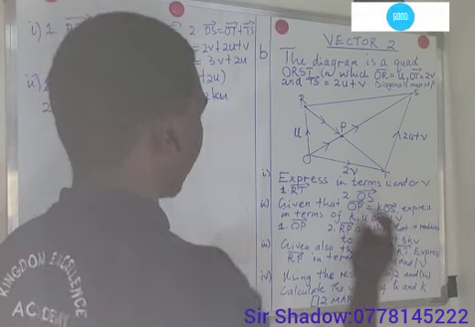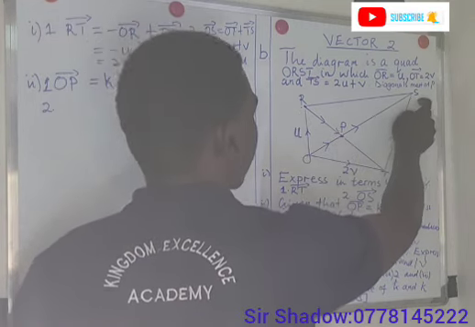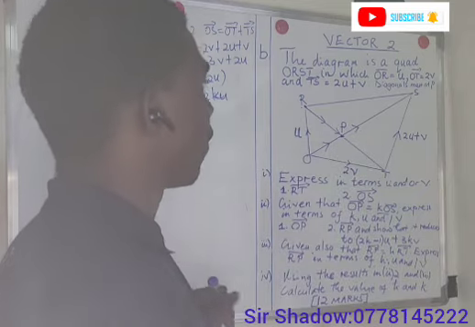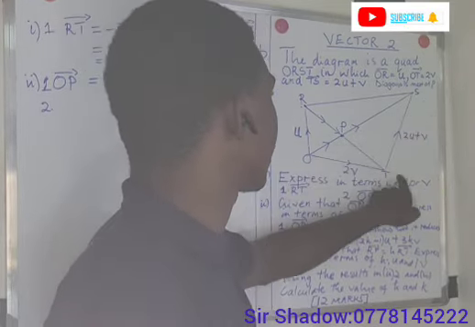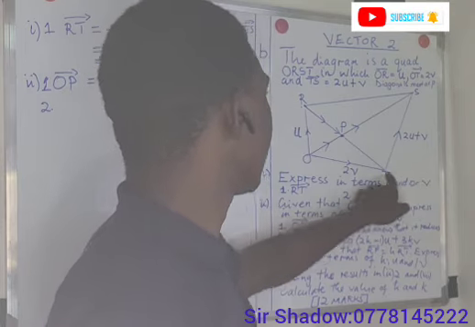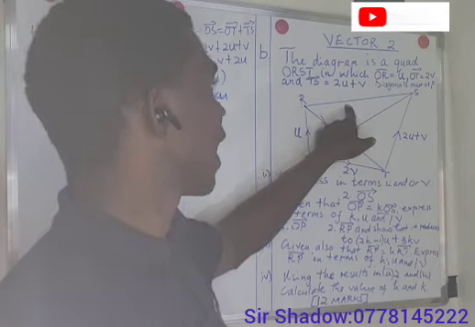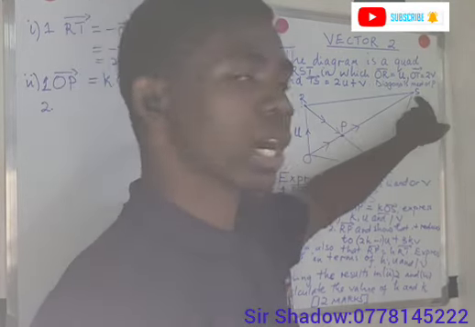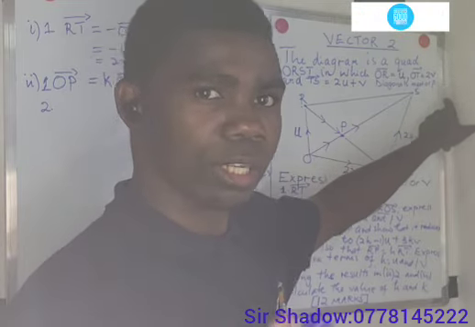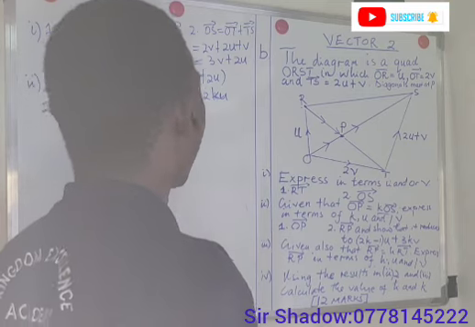We can also say RP is equal to RS plus SP, or RS plus ST plus TO plus OP, but we are not given the vector RS. So we have to cancel this route RS, since it is not given here. So we have to use this one, RO, which means we are opposing the arrow.